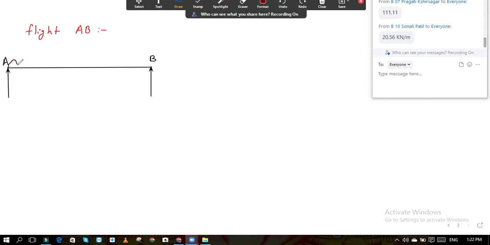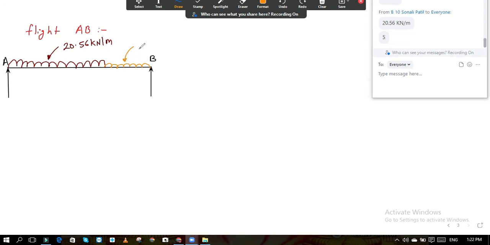From here, this is 20.56 kilonewton per meter. And for the next, this landing part is there. So what was the load on landing? We have calculated already. It is 5 kilonewton per meter.